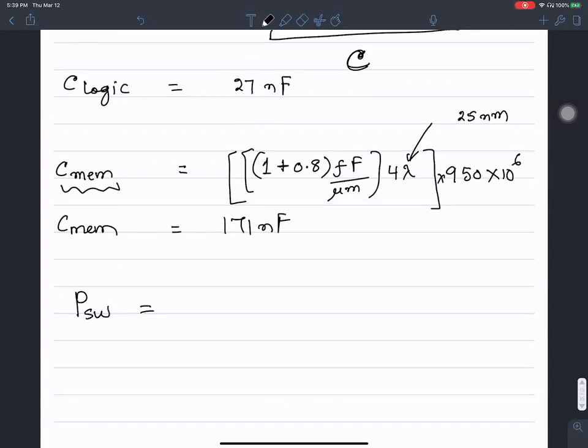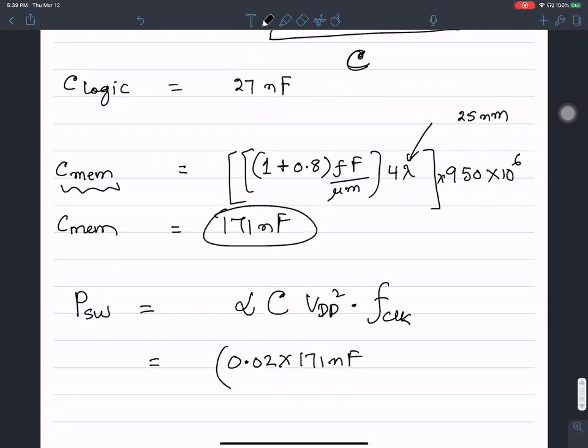Power switching is alpha C VDD squared times F clock. So let's plug this in. Alpha for memory is given to be 0.02, and the capacitance for memory is 171 nanofarads, plus 0.1 is the alpha for logic times 27 nanofarads, the capacitance for logic components. 1 squared is the VDD squared, and 10 to the 9 is the frequency F clock.